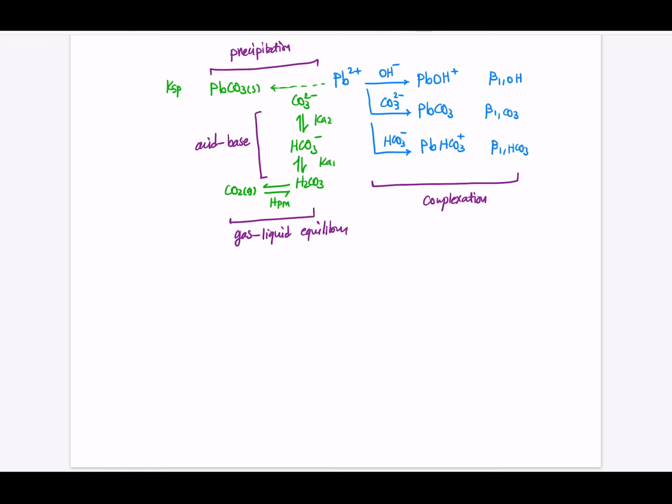So now we can proceed with, as usual, first, the no precipitation scenario. We need to use the total Pb. In this case it is Pb2+ plus Pb hydroxide plus Pb carbonate plus Pb bicarbonate.